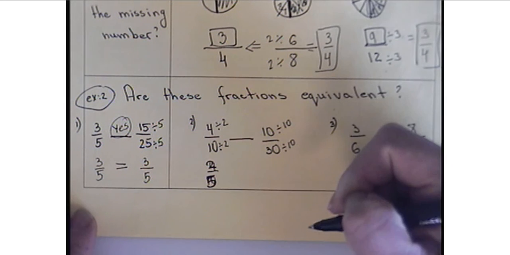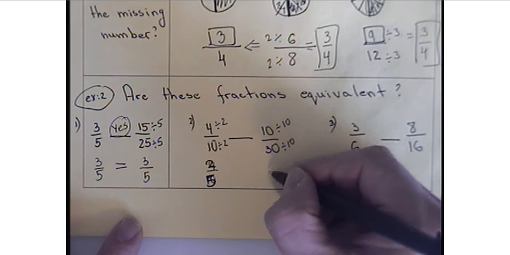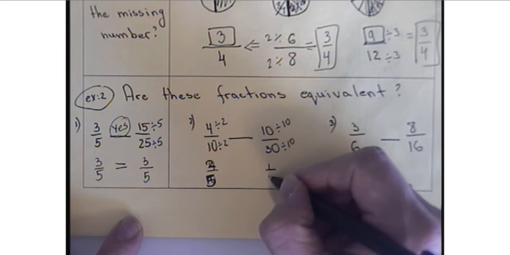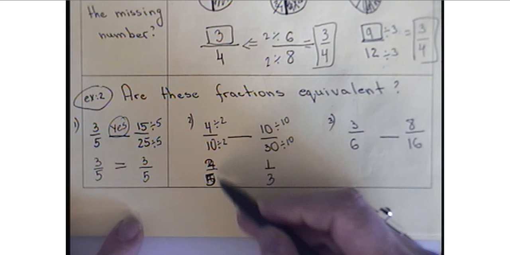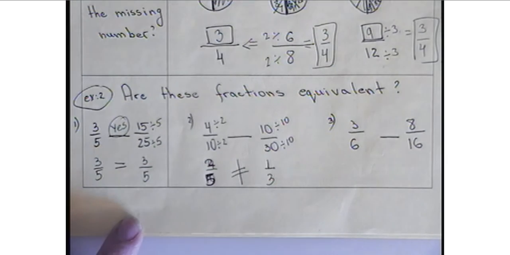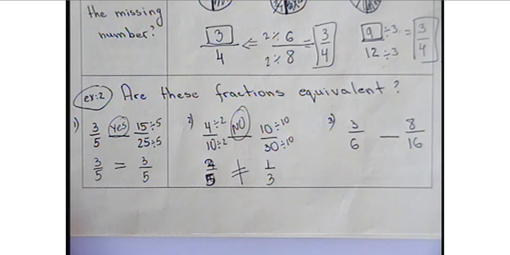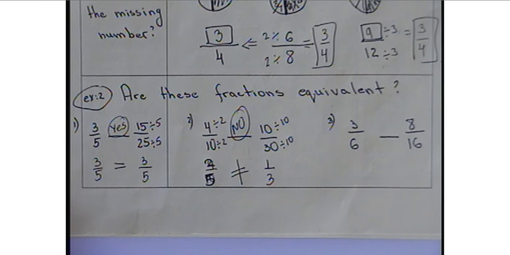So I'm going to say just divide by 10 and simplify. 10 divided by 10 is 1, 30 divided by 10 is 3. So 2/5 and 1/3 are not equal. So no, those two fractions are not equivalent will be the answer.